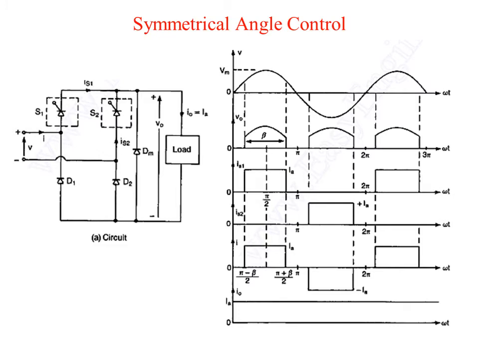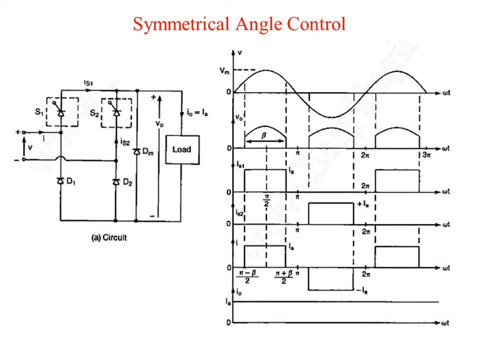The switch S1 is turned on at omega t is equal to pi minus beta divided by 2 and is turned off at omega t is equal to pi plus beta divided by 2, as shown in the waveform in figure B. The switch S2 is turned on at omega t is equal to 3 pi minus beta divided by 2 and it is turned off at omega t is equal to 3 pi plus beta divided by 2.